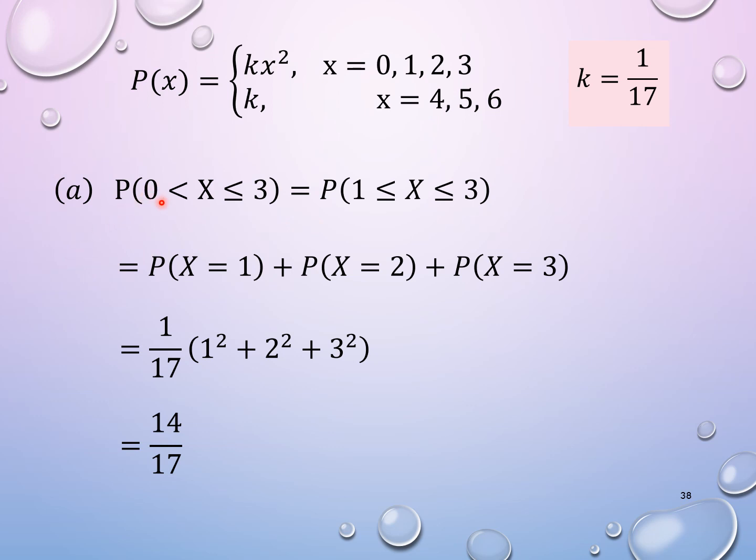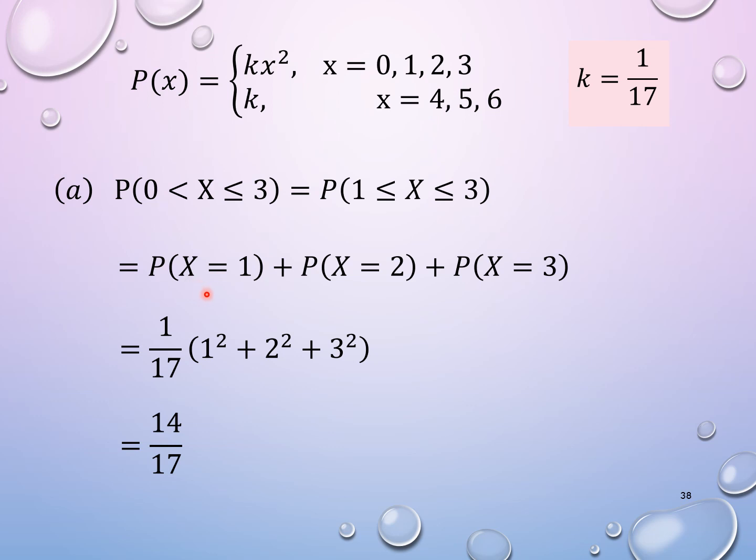Now we need to find the probability x greater than 0 and less than or equal to 3, which is also equal to probability x greater than or equal to 1 and less than or equal to 3. Since x must be greater than 0, we start with 1. So let's list down all the probabilities.